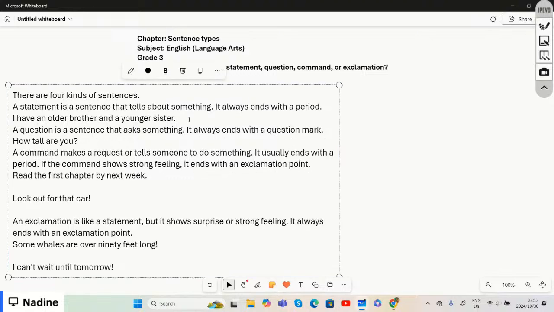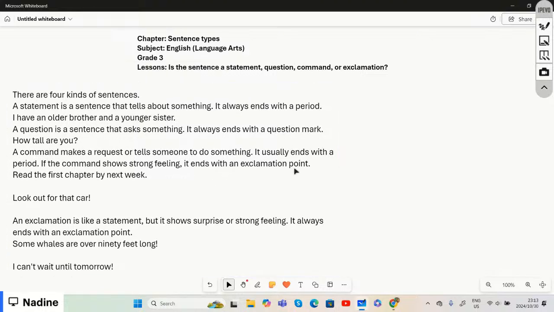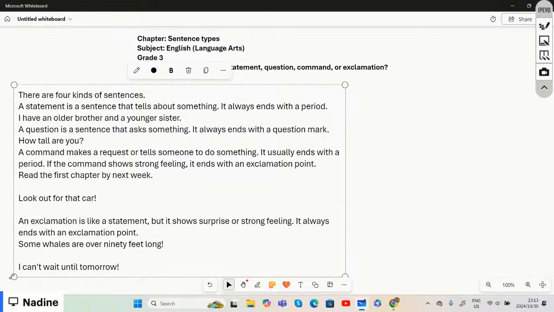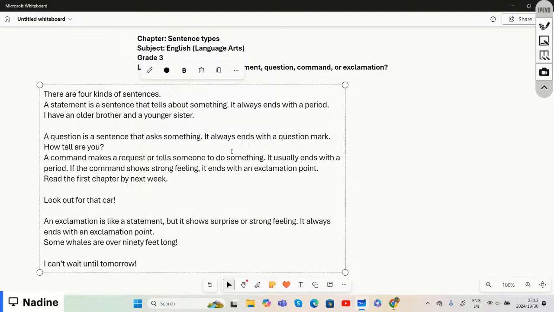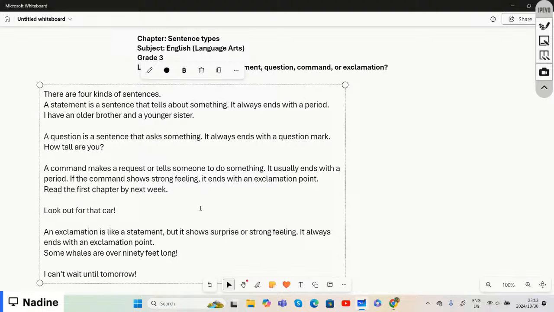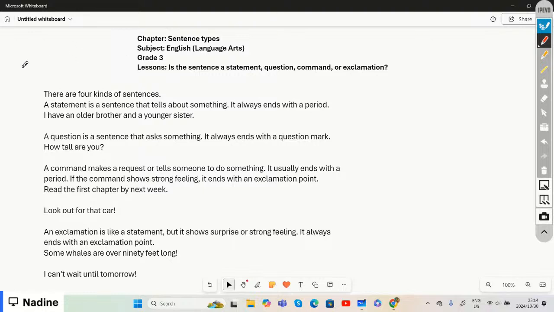So when it comes to a statement, a statement is a sentence that tells you about something. It can be anything random.